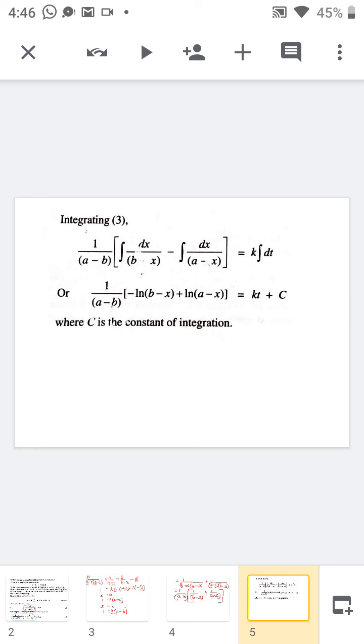So the term becomes 1 by (a minus b) into, if you do the integration, dx by (b minus x) becomes minus ln (b minus x), and minus of minus becomes plus ln (a minus x), equal to kt plus c, where c is the integration constant.